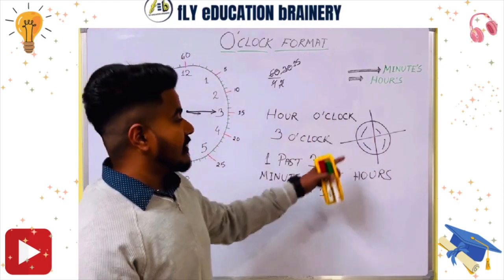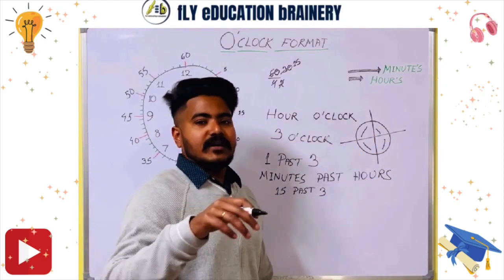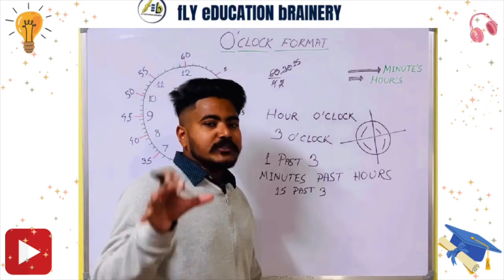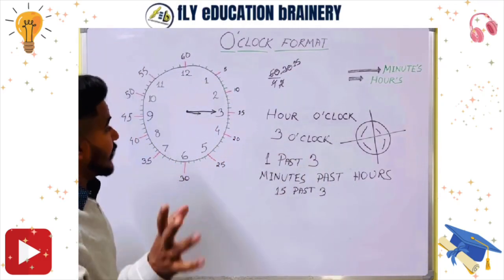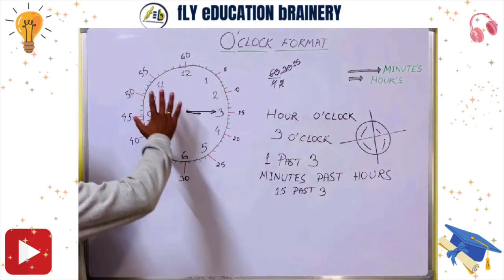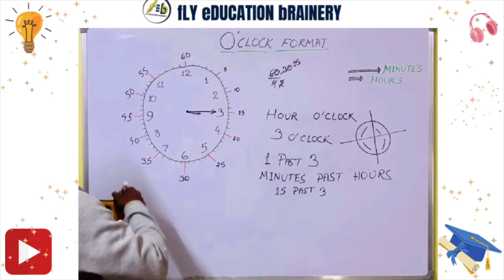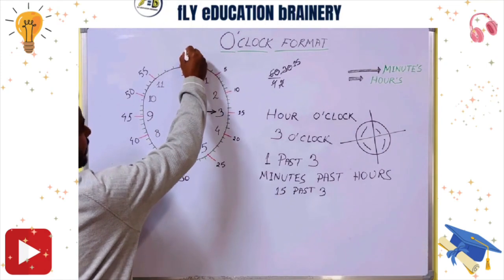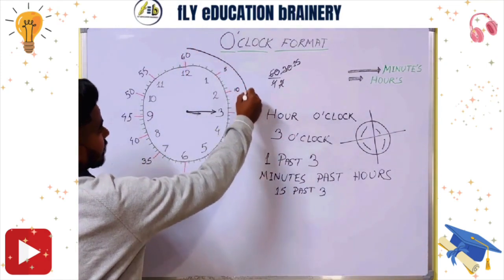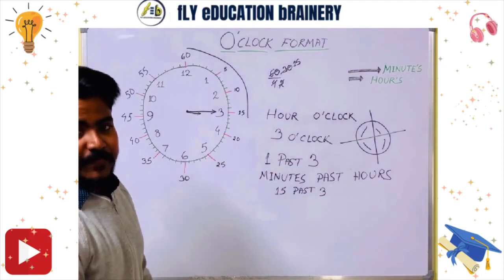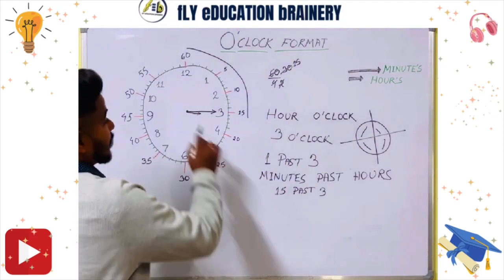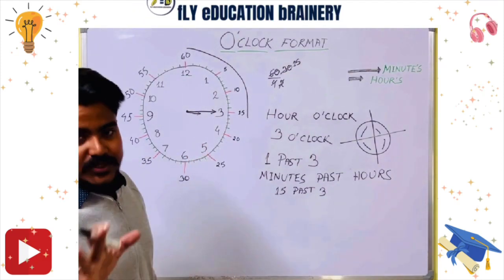It's similar to a regular pizza. In a regular pizza we have 4 slices. So you take out 1 slice, that is 1 quarter. Now if you assume the whole clock as a circle and you see from here till 15, it's like a pizza slice, which is 1 quarter. So when 15 minutes are gone, 1 quarter is over.